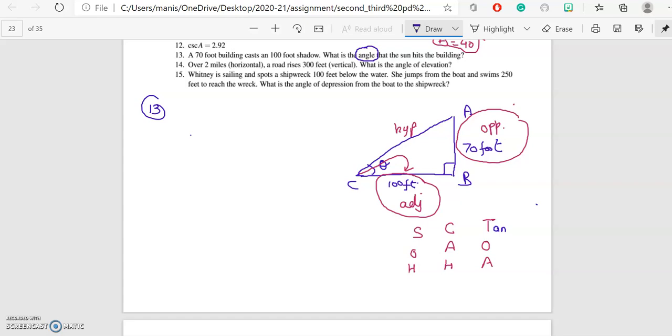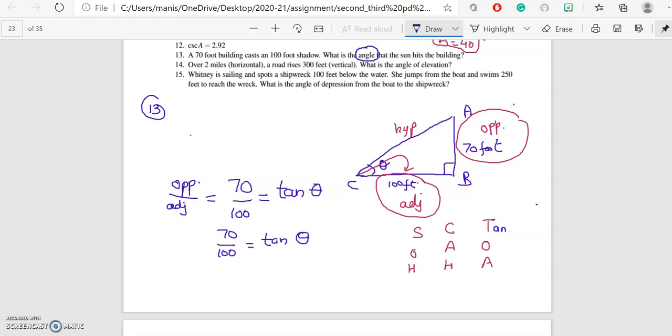So I will write over here opposite over adjacent is equal to 70 over 100, these are the values of the opposite side and adjacent, equal to tangent of theta. They have not given us this theta. So it looks like this: 70 over 100 is equal to tangent of theta.